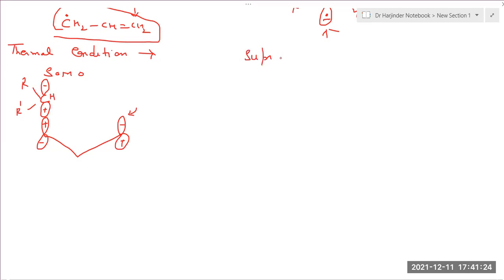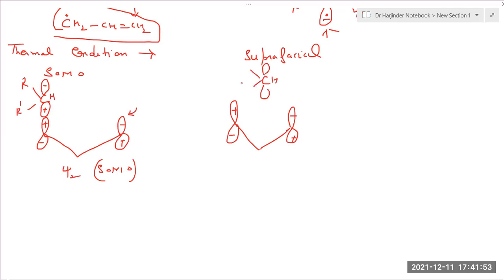So let us see when this group migrates to this carbon. This is your side to migrate over this carbon. So your transition is plus, minus, minus, plus. So this is your carbon. You have a minus here, suppose, and plus here. So in a suprafacial manner, is the reaction allowed or forbidden?